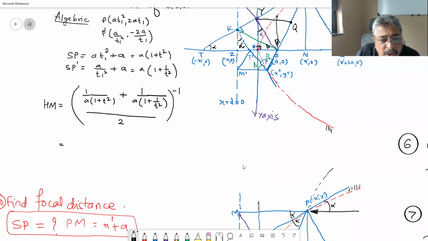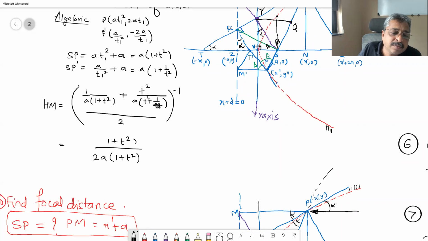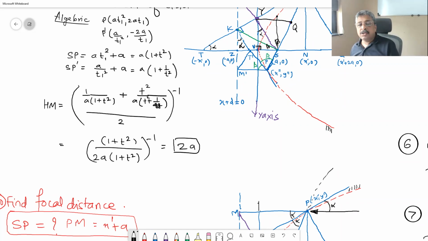This is t square plus 1, and numerator it is going to be t square. I ignore this t square and I make it look like this. Therefore, in the denominator I get 2a into 1 plus t square. That is my denominator. And I have numerator 1 plus t square raised to minus 1. It is as simple as that.